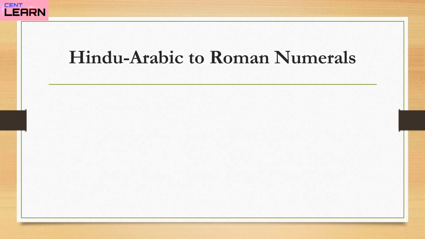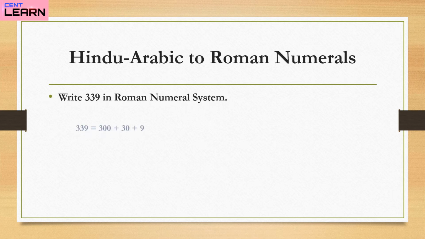Here are some examples of how to transfer Hindu Arabic to Roman numerals. Write 339 in Roman numeral system. So first we have to write 339 in the expanded form, which is 300 plus 30 plus 9.